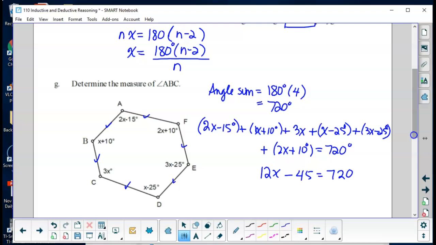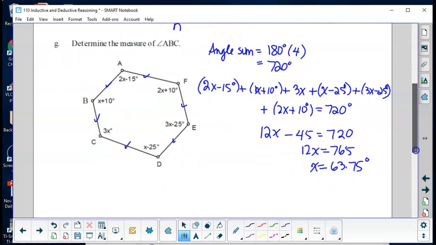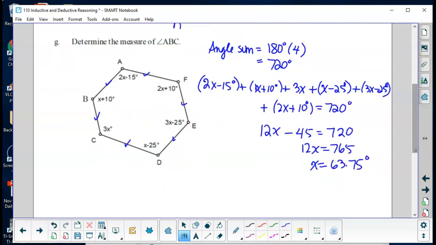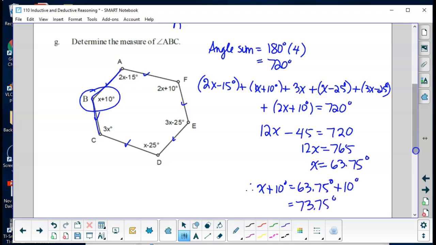Then 12x would equal 765. Divide by 12, you get 63.75 degrees. And then it says the measure of angle ABC. So ABC, that would be this one. Therefore, x plus 10 degrees is 63.75 plus 10, which is 73.75 degrees.